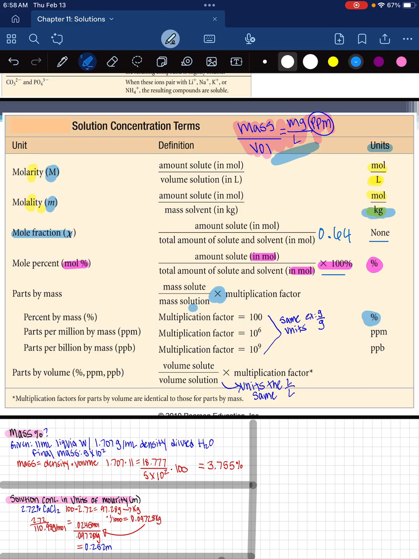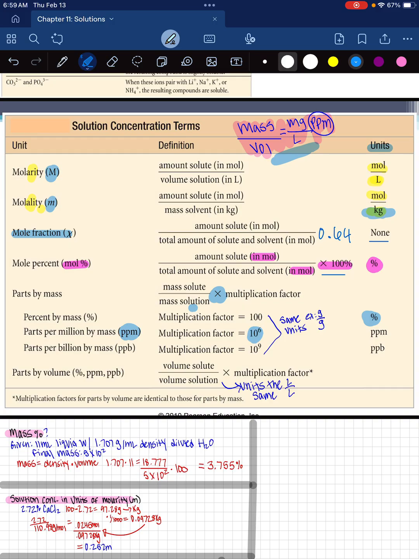So if you're doing percent by mass, obviously you're going to multiply by 100 again and get percent, just like we did with our mole percent, except we are putting mass over mass this time of the total solution. Multiply that by 100. If it's parts per million by mass, as we see here as ppm, you would multiply it by 10 to the 6th.